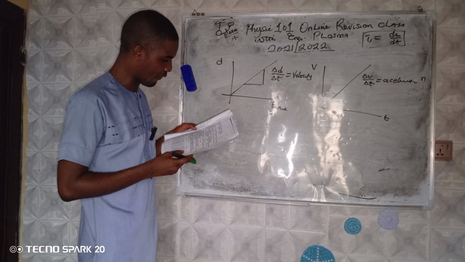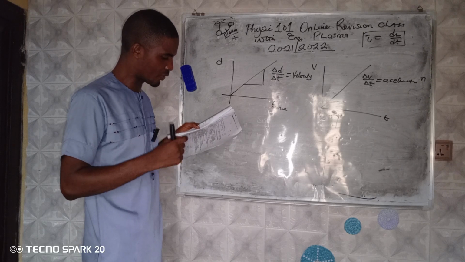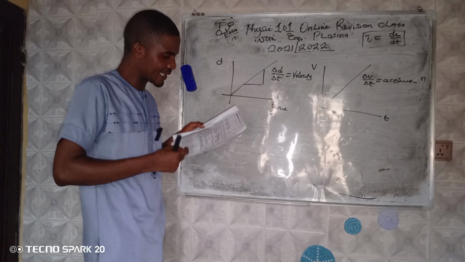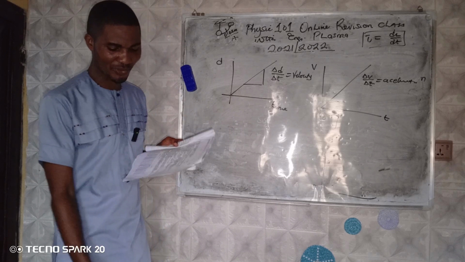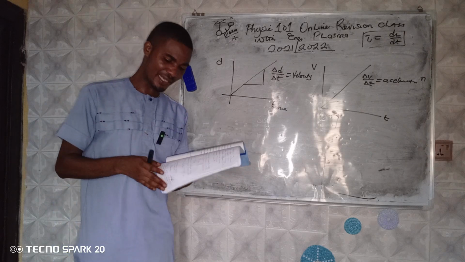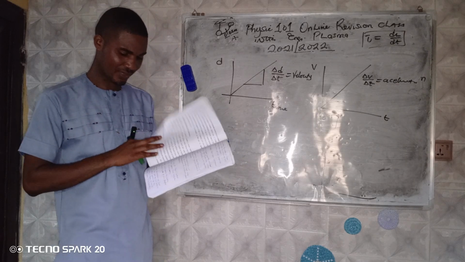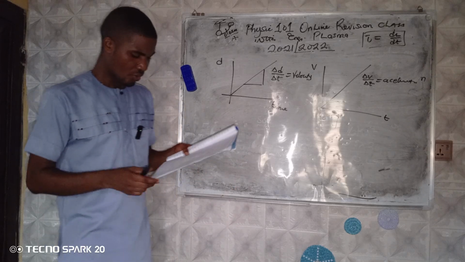Okay. Number 4, the process by which heat is transmitted from one body to another without heating up the intervening medium is called... Let's take a little class on convection, radiation, and all these things. So take your pen and write.